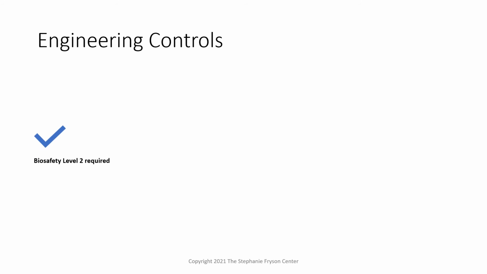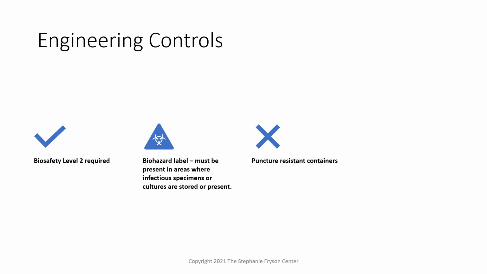So let's talk about engineering controls. 1, there's a biosafety level 2 hood required. 2, a biohazard label must be present in areas where infectious specimens or cultures are stored or present. And 3, puncture-resistant containers must be available. I think in micro overall, you have more safety questions than the other areas.